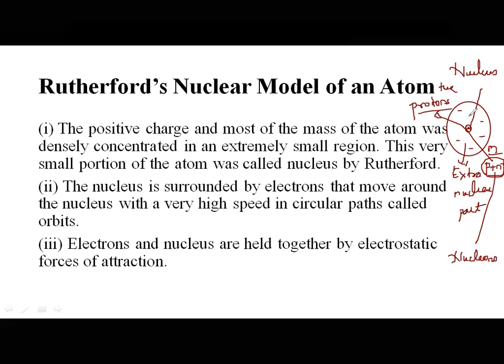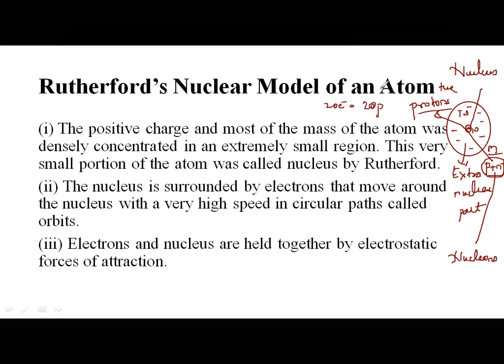And electrons being negatively charged, they were revolving around the nucleus, and they have negligible mass. The atom is electrically neutral as the number of protons is equal to the number of electrons. If there are 10 electrons, there will be 10 protons. If there are 20 electrons, there will be 20 protons.